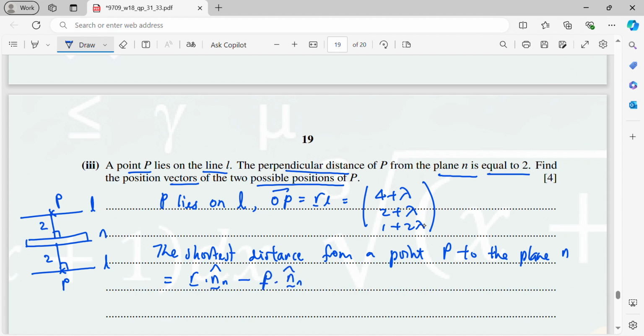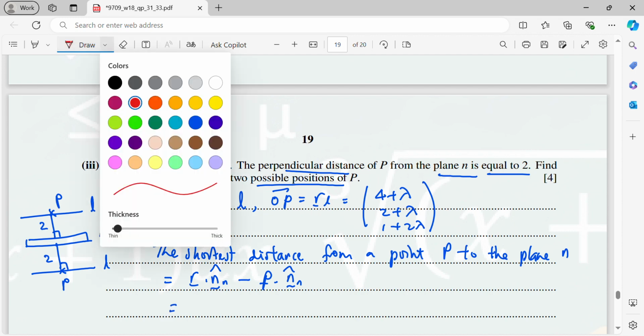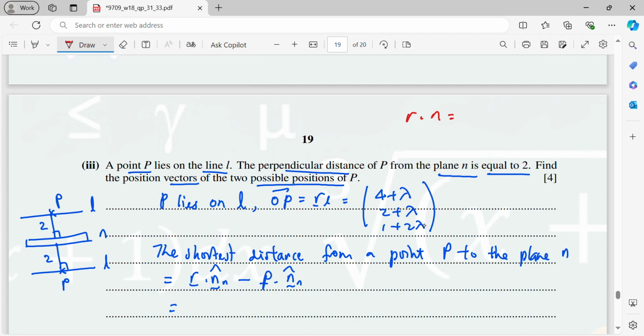It's also from the plane N. So now, for your information, the plane equation is actually r dot n equals a dot n. If I need to get hats here, how to get hats from the n?